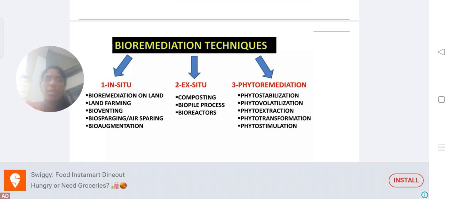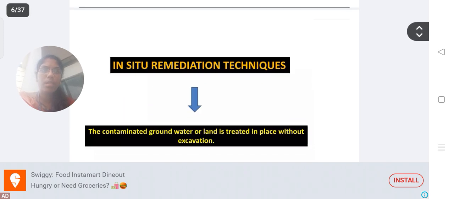In situ techniques have 5 different types: bioremediation on land, land farming, bioventing, biosparging, bioaugmentation. Ex situ includes composting, biopile process, bioreactors. Phytoremediation includes phytostabilization, phytovolatilization, phytoextraction, phytotransformation, phytostimulation. So these are the 3 different types of techniques used in bioremediation.